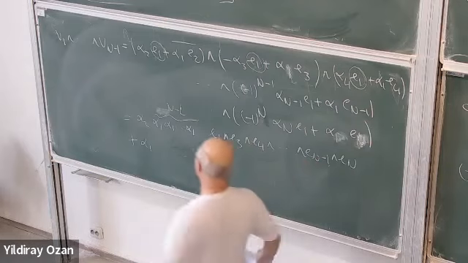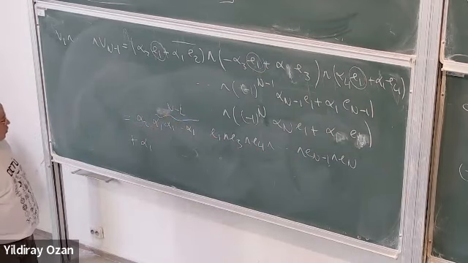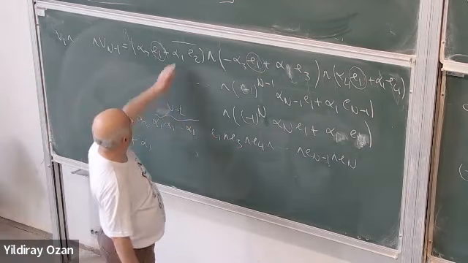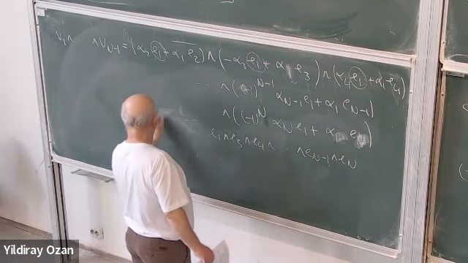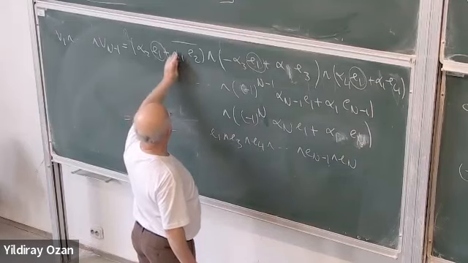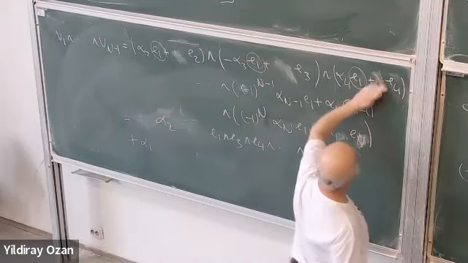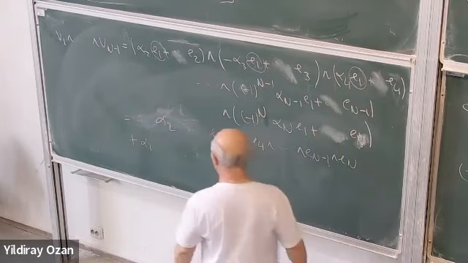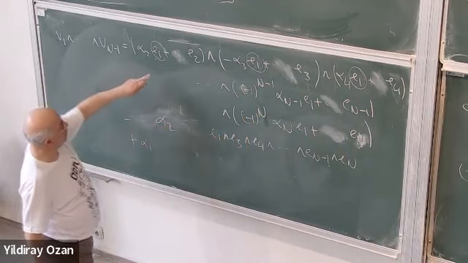O zaman şu olacak. So if you choose alpha 2 equals alpha 1 equals 1, you get just alpha 2 of this, and then here this alpha 1s are 1. We don't have this.